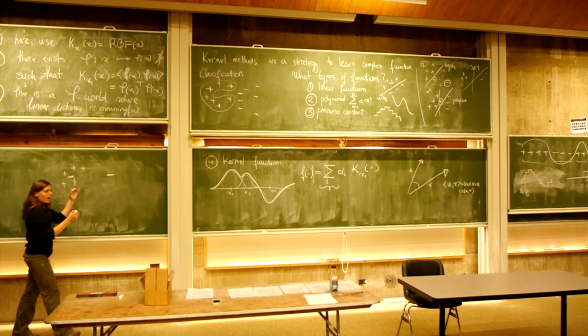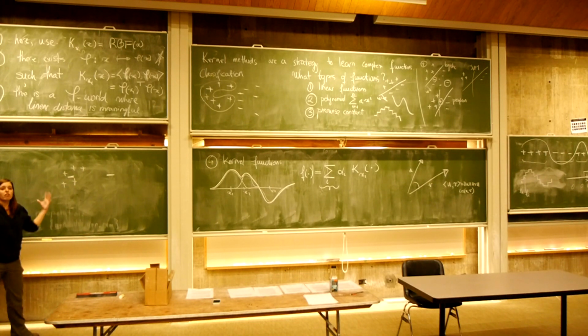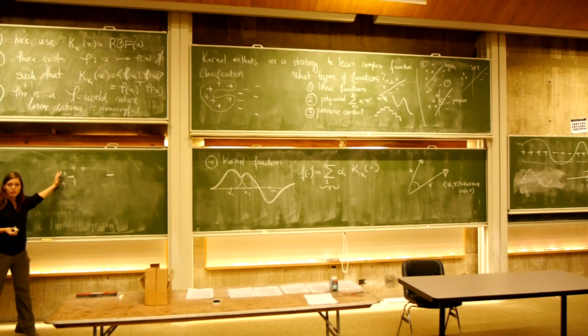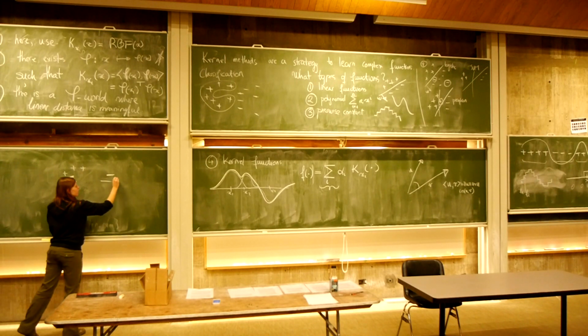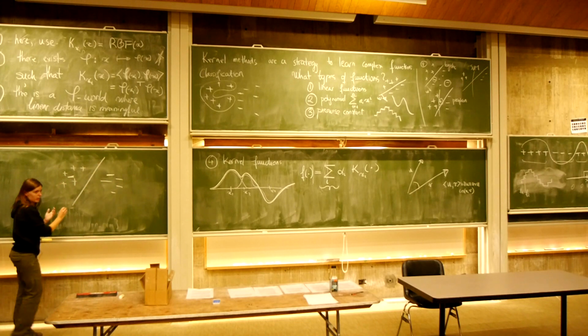But if I told you that in general, I find it meaningful that things are similar to each other or far away from each other, it means that in general, the things that are pluses are clustered together and the things that are minuses are clustered together. And because they're clustered together, you intuitively visualize this as two different things that you can draw a line between.